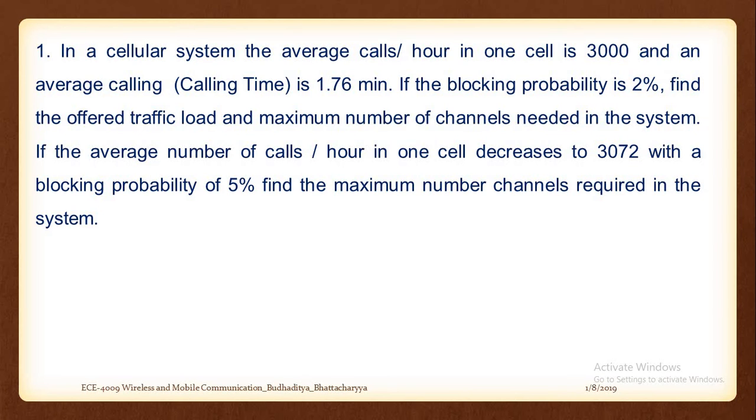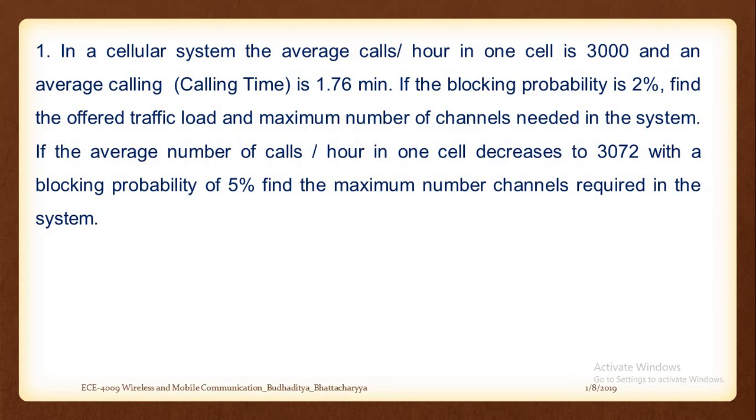If the blocking probability is 2%, find the offered traffic load and the maximum number of channels needed in the system. If the average number of calls per hour in one cell increases to 3072 with a blocking probability of 5%, find the maximum number of channels required in the system. From the earlier solution that we had, how do you approach anything like that?